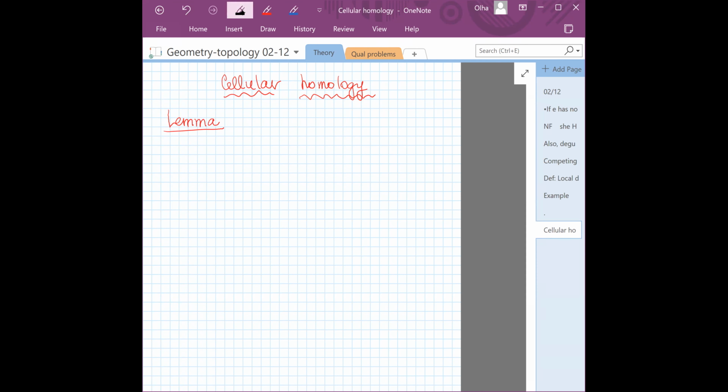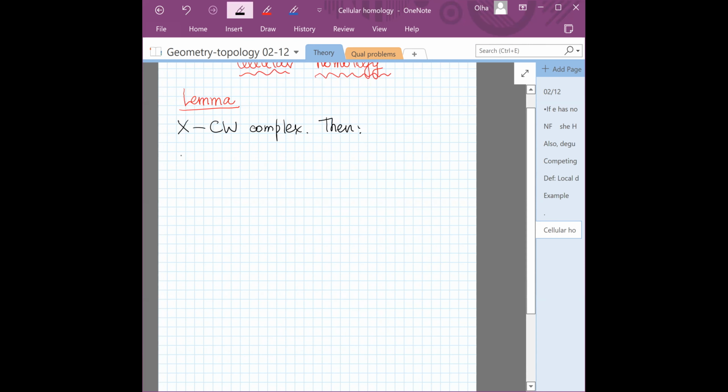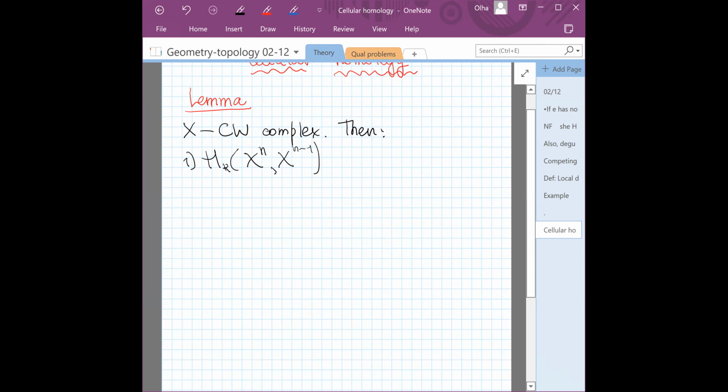We're going to be looking at a CW complex X. We're going to consider relative homology groups H_k(X^n, X^(n-1)). And it turns out that we can know pretty much everything about them.